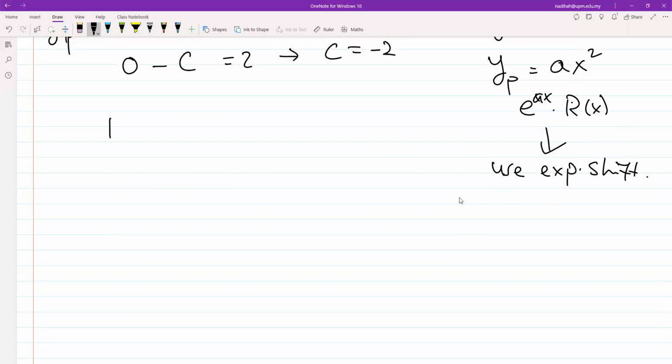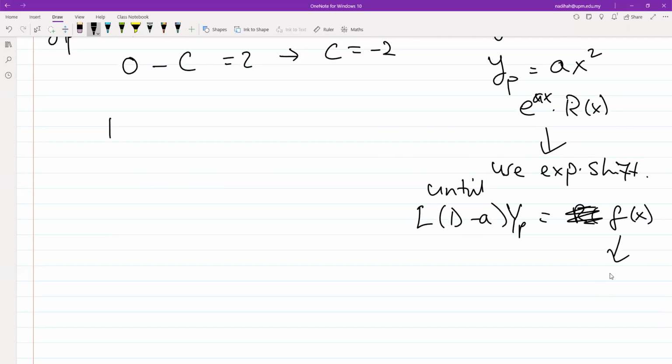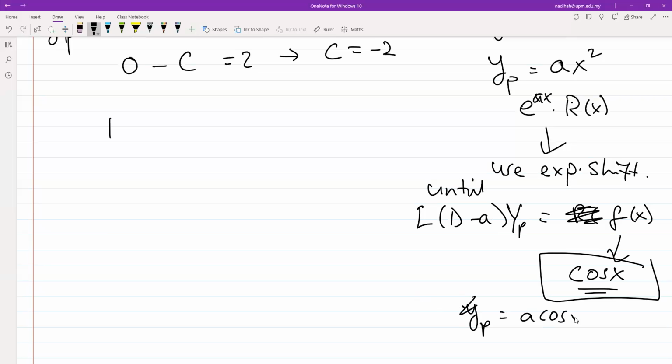Sampai kita dapat your expression something like L of D minus A, let's say example, yp sama dengan fx. Maksudnya apa? Sama ada fx ni mungkin without any, mungkin cosine ke, cosine X and so on. So yang ni dia mudah. So bila cosine X akan ada dua, iaitu sama ada yp sama dengan A cosine X or A cosine X plus B sin X dalam bentuk yang macam ni.